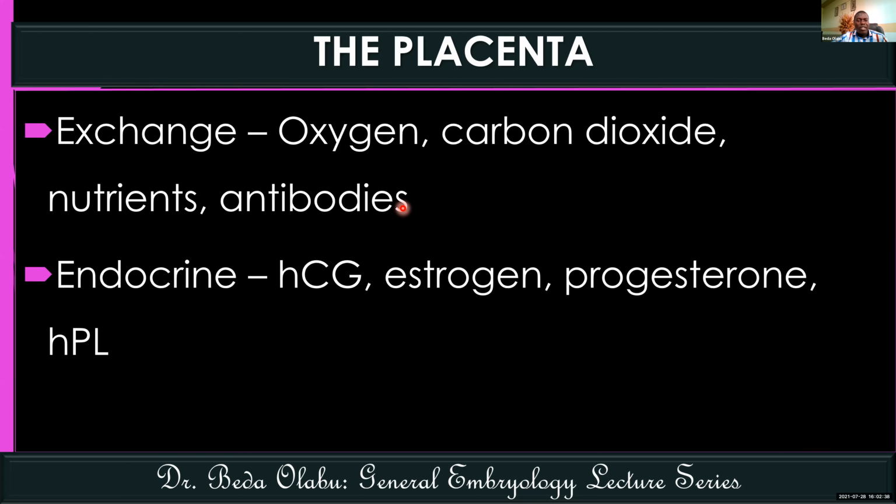Apart from exchange of substances, the placenta also produces some hormones. Human chorionic gonadotropin is a very important hormone, as we talked about previously. It is the one that enables persistence of the corpus luteum, so that corpus luteum can continue to produce progesterone that sustains the pregnancy.